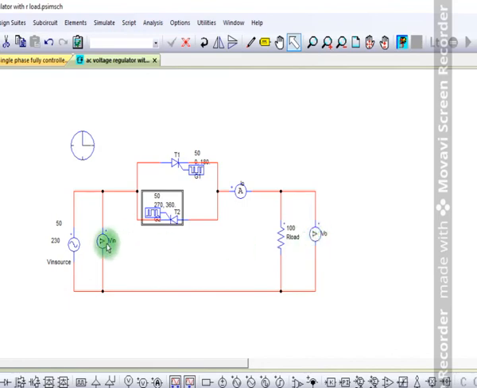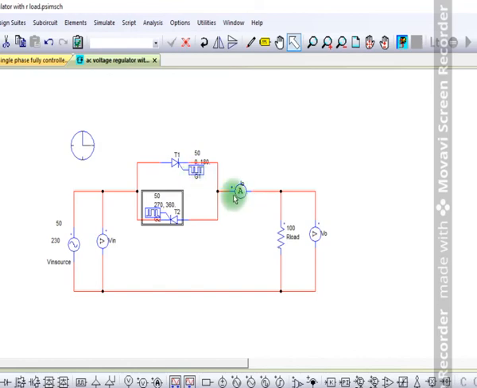All the parameters we have measured, that is the input voltage, output voltage and the output current, by giving the firing angle or by giving the conduction angle. You can call it a conduction angle or a firing angle, it is left to you.